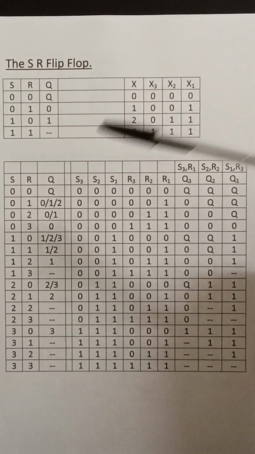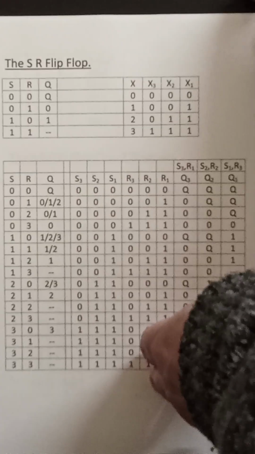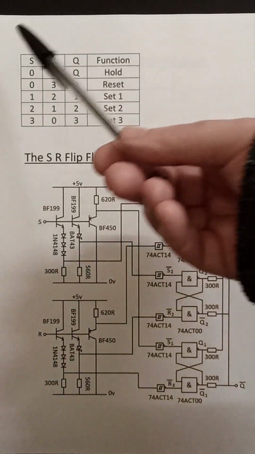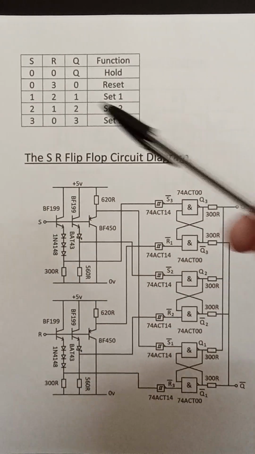So that's the truth table for the Quaternary SR flip-flop. So we can say that the quaternary function table for the SR flip-flop is as follows.